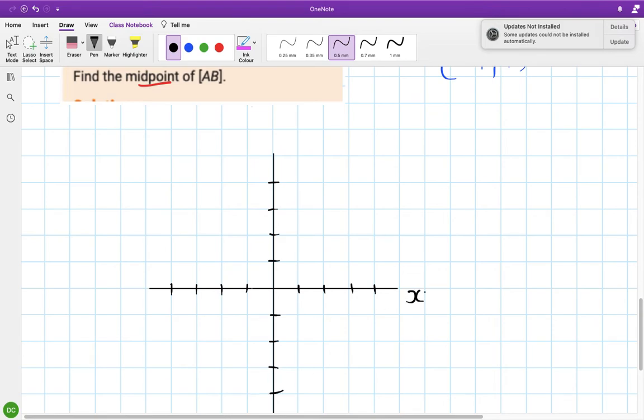Now, it's not necessary to go to 4 on everything. That's just my little rule of thumb, just how I draw graphs. Pick the biggest number and go to that, and then you're covered. So 1, 2, 3, 4, and minus 1, minus 2, minus 3, minus 4.